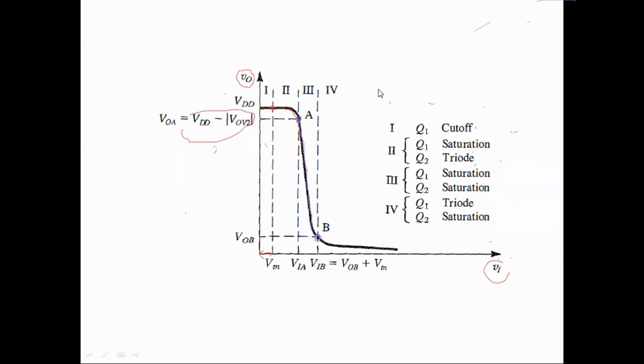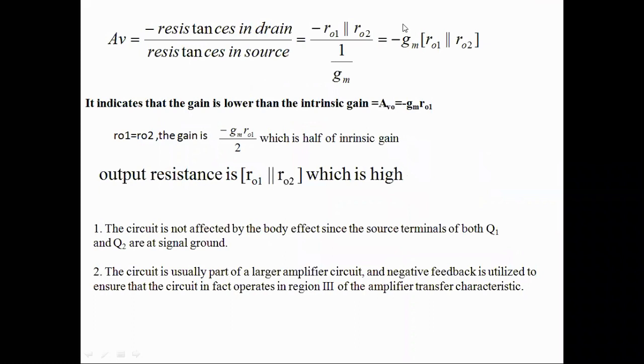Now I will move to the analysis part. I have to calculate the voltage gain of the common source amplifier. Generally, it is the resistance in the drain divided by the resistance in the source.